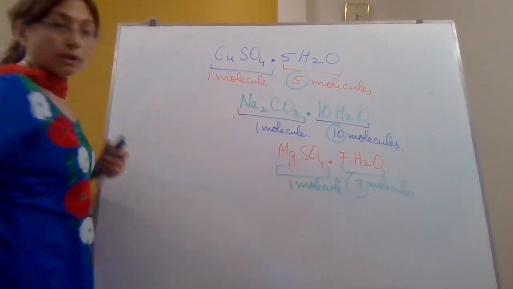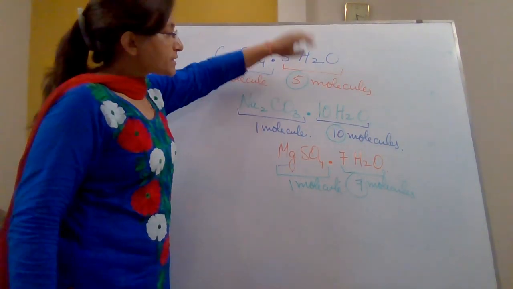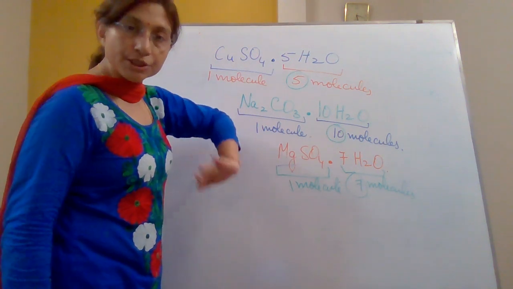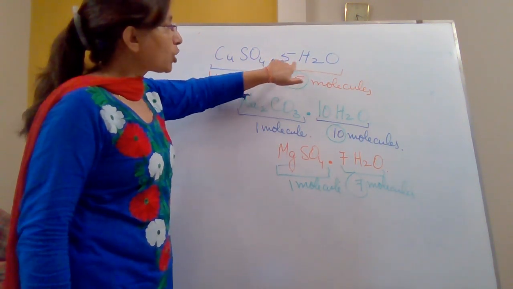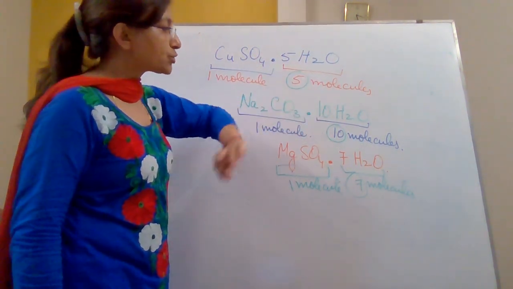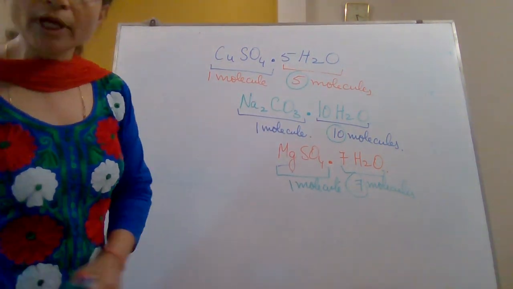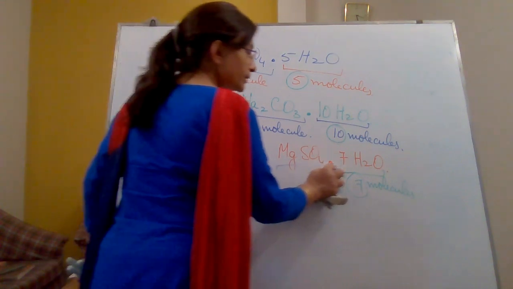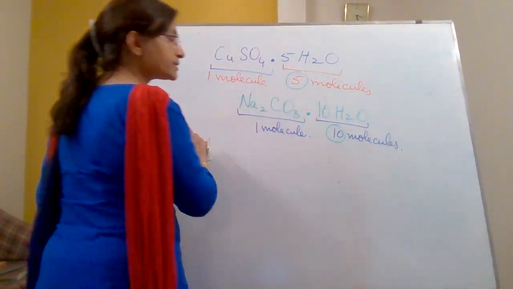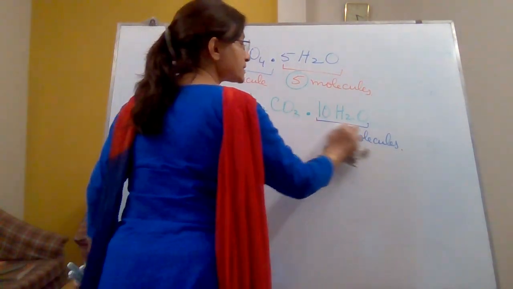अब देखो, क्योंकि वाटर प्रेजेंट है, ठीक है, जिस भी फॉर्मूले में आपको .5H2O या .10H2O या .7H2O कुछ भी ऐसा अगर वाटर मॉलिक्यूल अटैच हुआ दिखाई दे, then you are able to understand that this is water of crystallization.